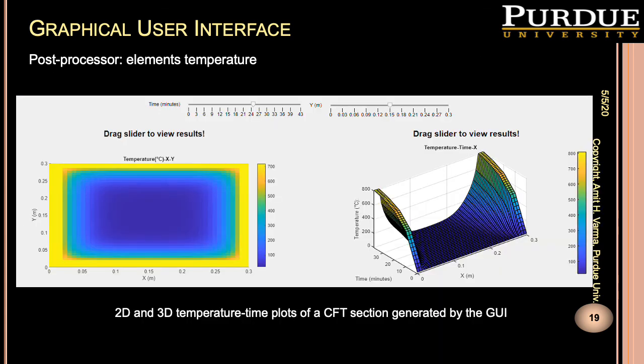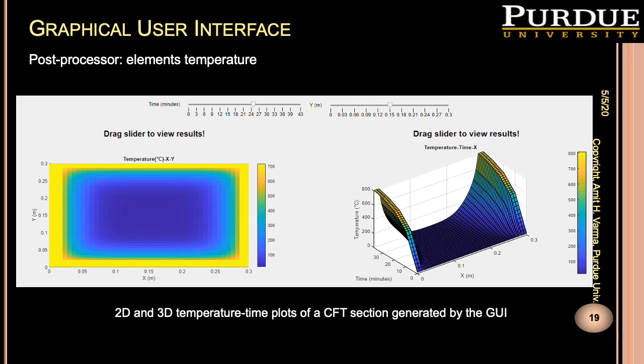There are different options to check the temperatures within the cross section of the wall or the concrete filled tube column. For example, the left figure shows a two-dimensional temperature distribution within the cross section for a composite filled tube column at 25 minutes, where the temperatures around the cross section are about 700 degrees Celsius, while the temperature is about 20 degrees Celsius in the middle of the cross section.